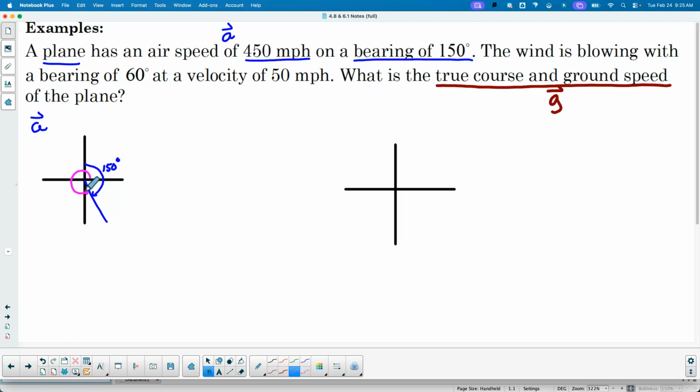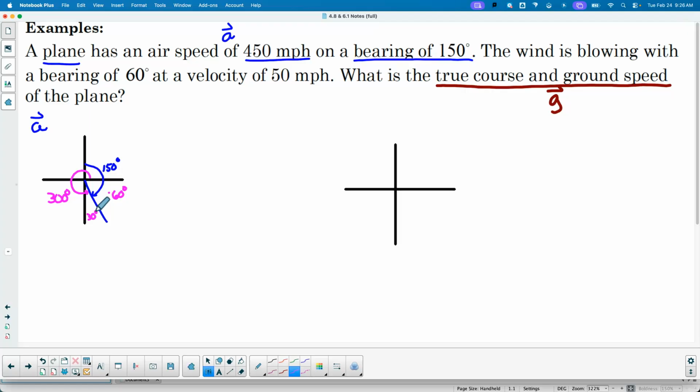Not 330. Not 290. 300. Because this angle in here is 60. This angle down here is 30. So my true trig angle would be 300 degrees.